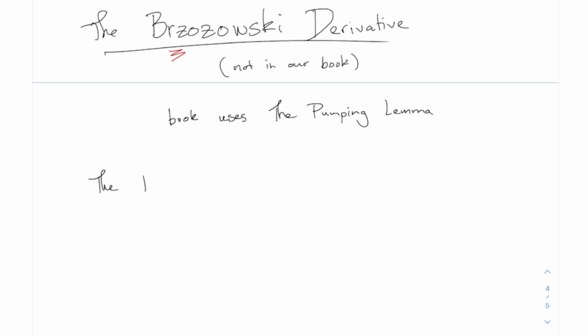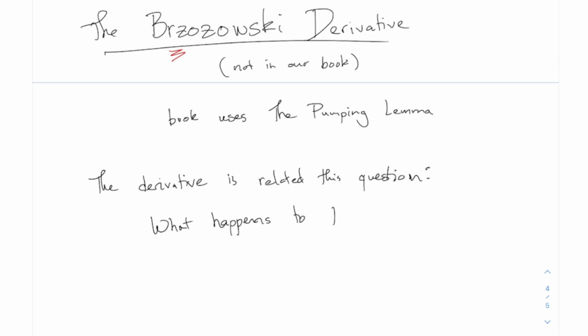Anyway, here's what the derivative is about. The derivative is related to this question, and this is a weird question. Like I said, this will not obviously seem to have anything to do with showing something is not a regular language. What happens if you have a DFA or an NFA?